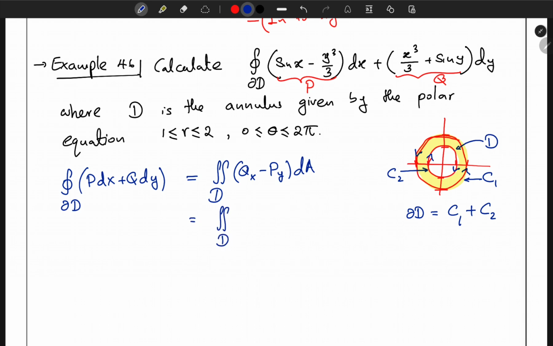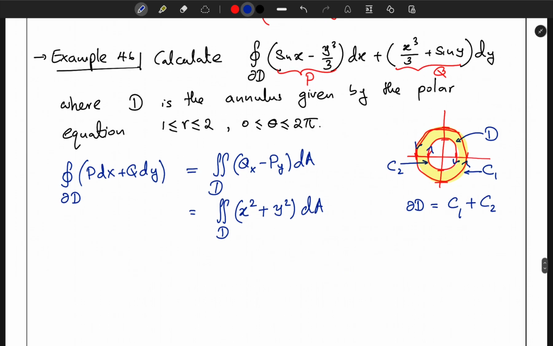Q sub x, the derivative with respect to x, is x squared, minus P sub y is negative y squared, so it becomes x squared plus y squared over the region D. Right? Okay, so instead of doing two integrals and then subtracting them, you can now do a single double integral.